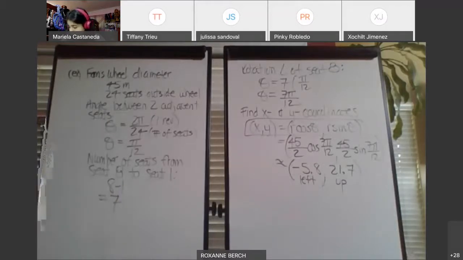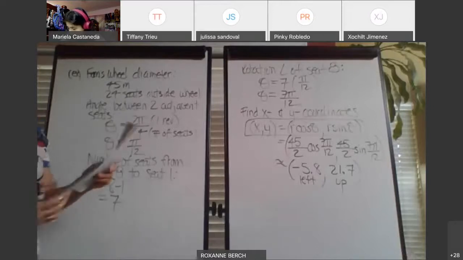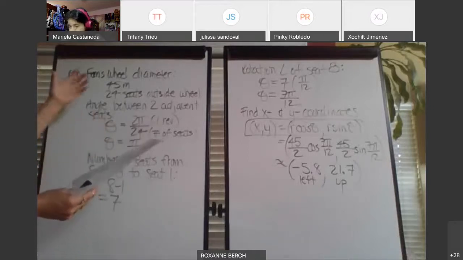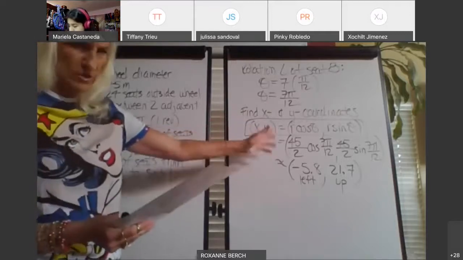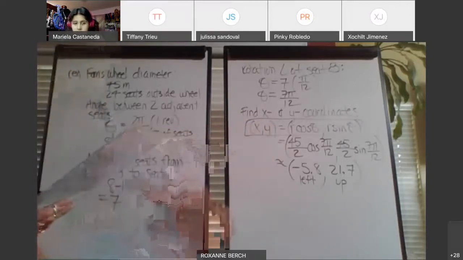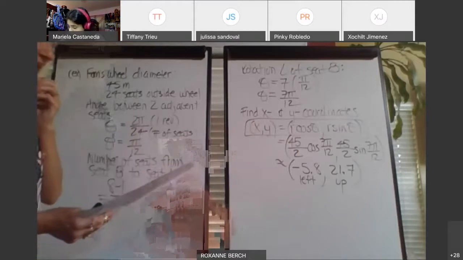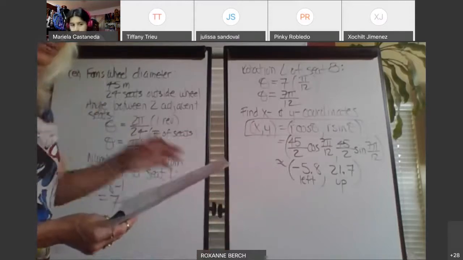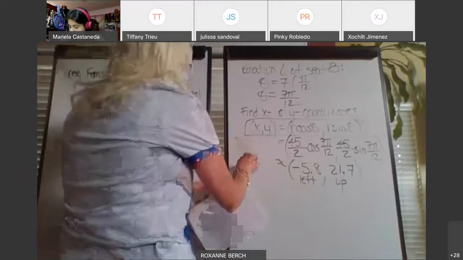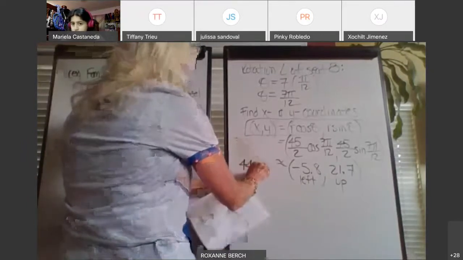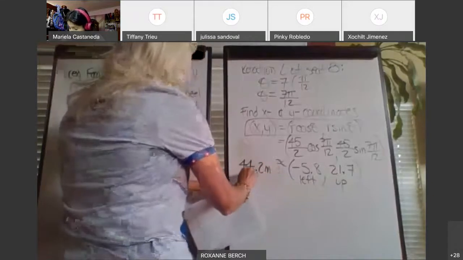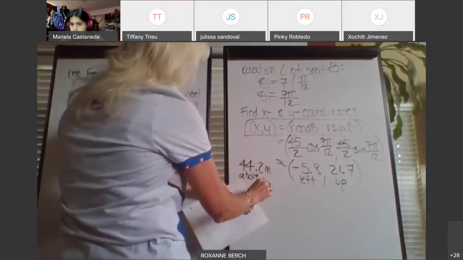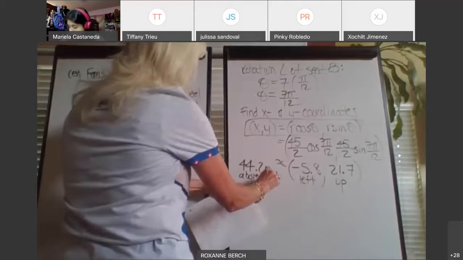So just a reminder here, the diameter they said was 45 meters. So the radius is 45 over 2, which is about 22.5 meters. So how did I get the 44.2 meters above the bottom of the wheel?